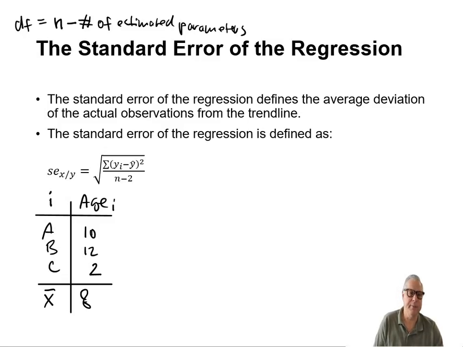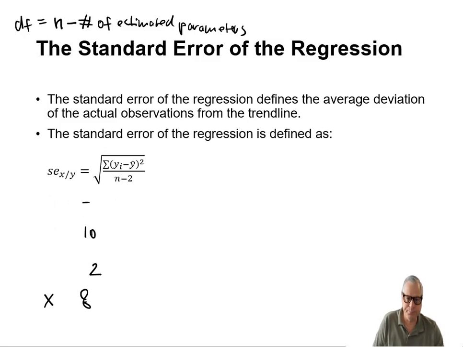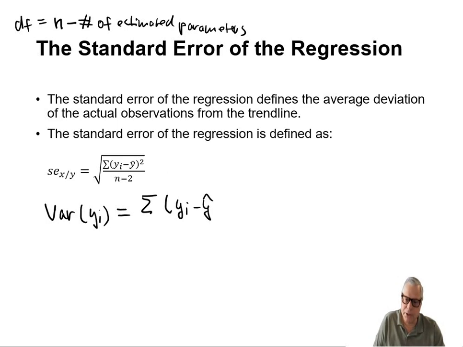So again, when it comes to calculating the degrees of freedom for the regression, we write the variance of yi is equal to the sum of all the squared deviations away from the trend line, and then we average it out over n minus 2.